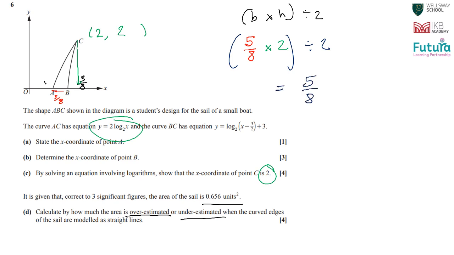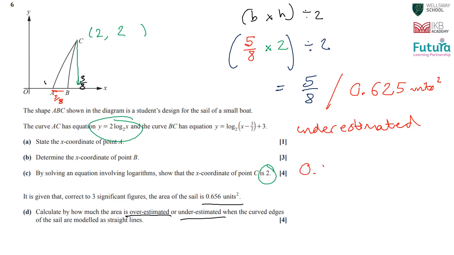Once you've done that, then we need to work out if that's an underestimate or an overestimate. 5/8 is the same as 0.625, and so therefore we've definitely underestimated because the actual thing is 0.656, whereas we've only got 0.625 units squared. To work out how much we've underestimated by, we just need to do a subtraction.